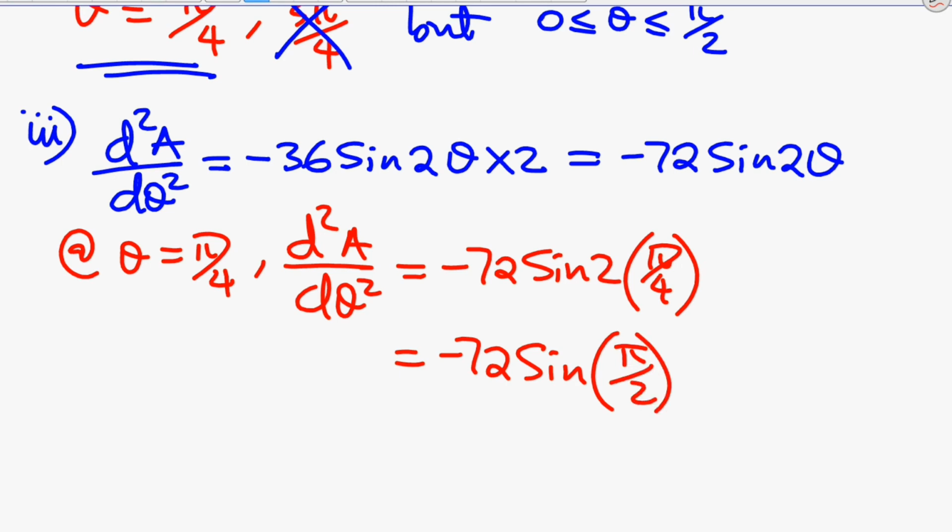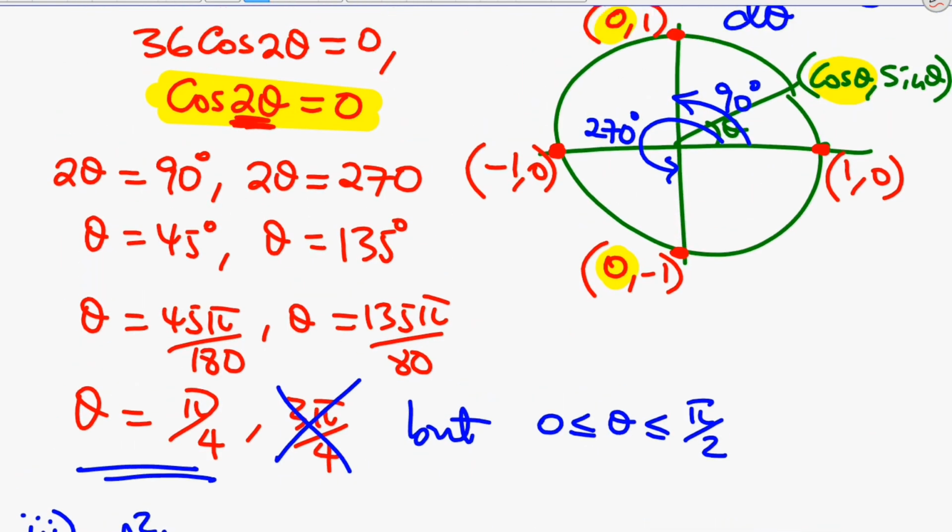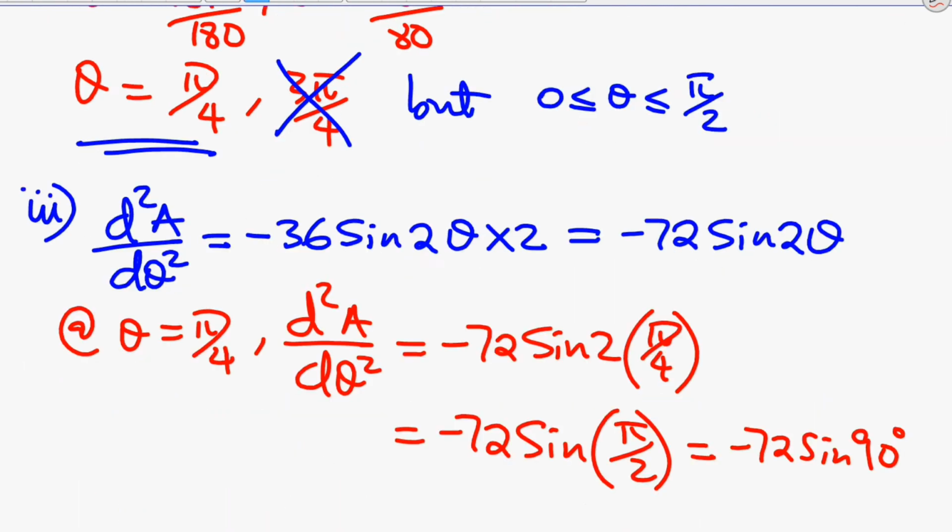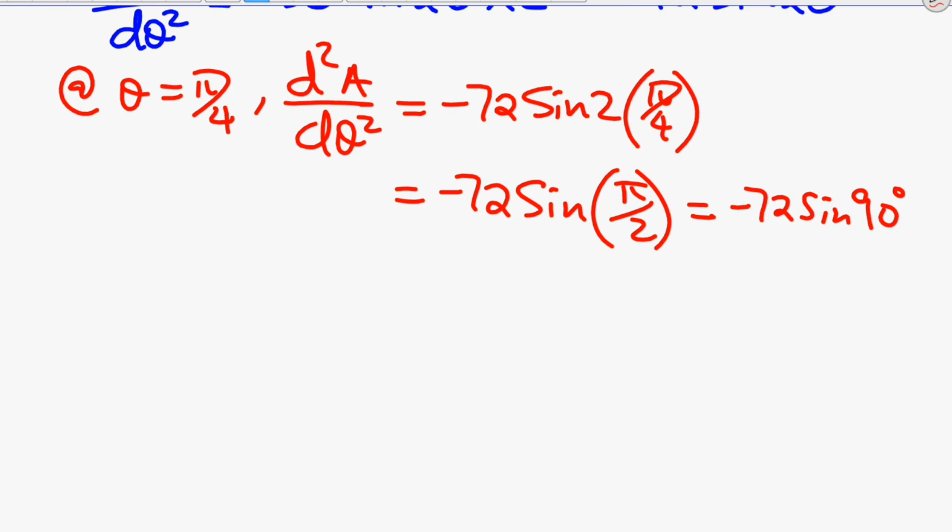Now this is the same as negative 72 sine 90 degrees, if you think in terms of degrees. And you can see that sine 90 is 1. So that will be equal to negative 72.